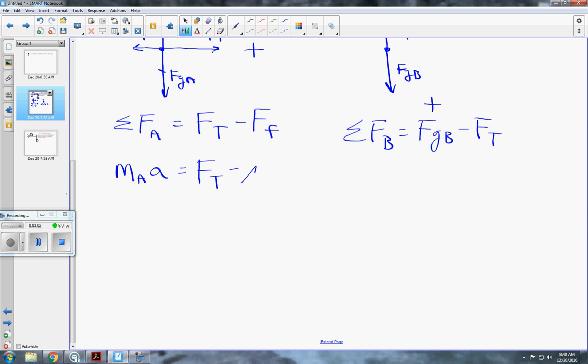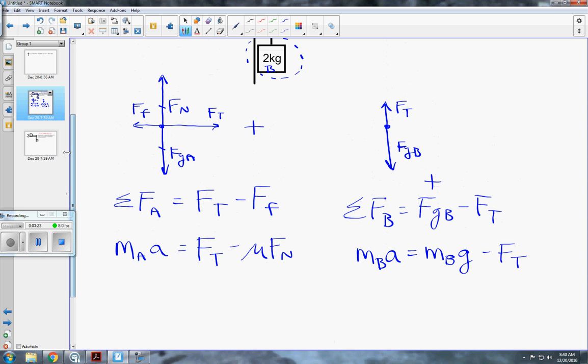My equation for force of friction is mu times the normal force. And then for B, I have mass B times acceleration equals mass B times gravitational field strength minus force of tension. I've got to expand my normal force a little bit more.